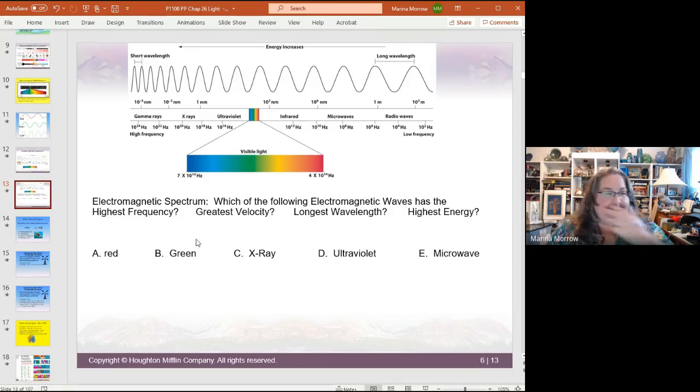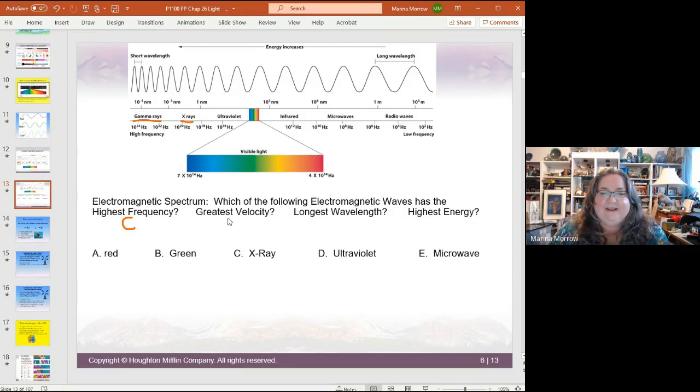Okay, so which has the highest frequency? Well, we were talking about gamma rays has the very highest frequency, but that's not on this list. So which one is closest to gamma rays would be X-rays, right? So highest frequency, the X-rays. I'll put a C answer there.